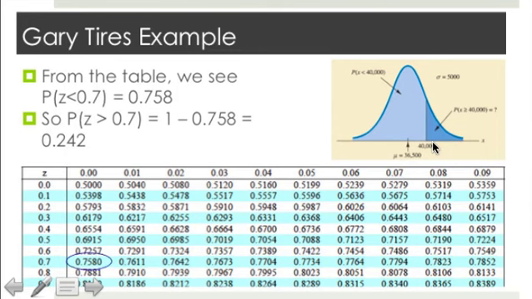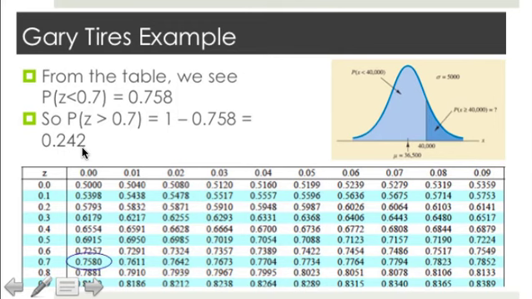And so just as we saw in the previous example, the way we would get that is we'd start with the entire area of 1, so take the entire area under the curve, take away the blue shaded region, which is 0.758, and what remains then is 0.242. And there you have it. That's exactly how we got the area of 0.242, or a 24.2% probability of a tire lasting more than 40,000 miles.